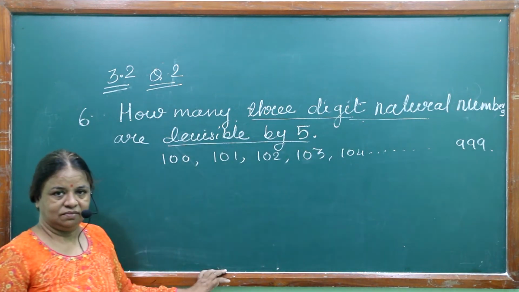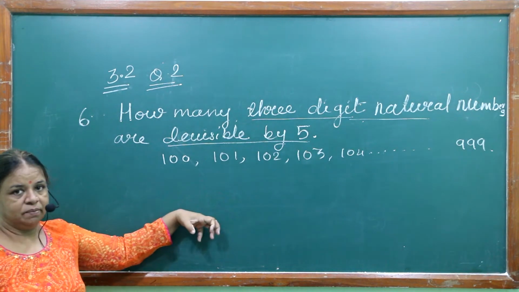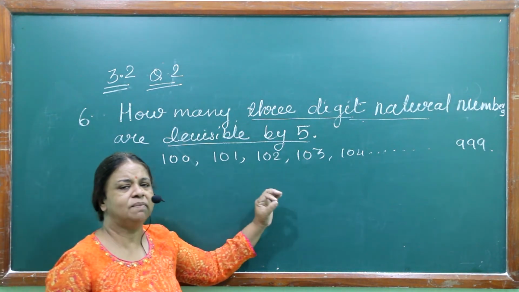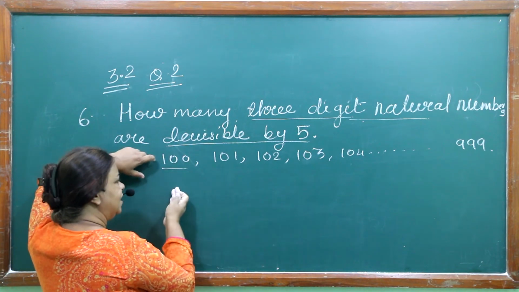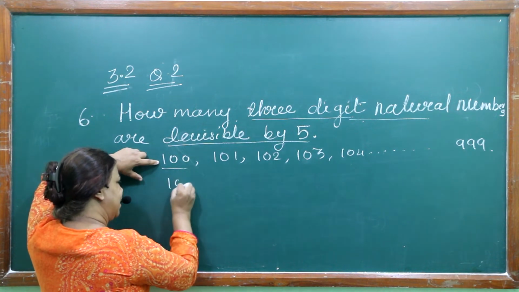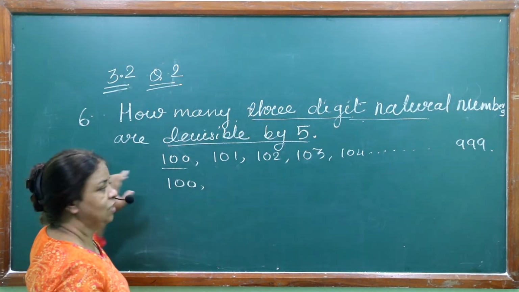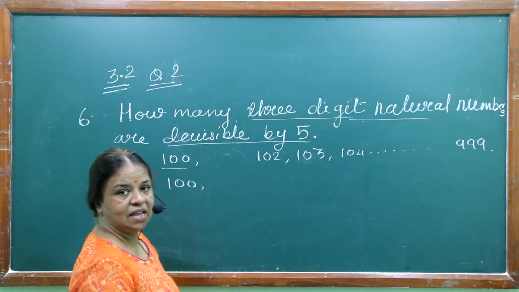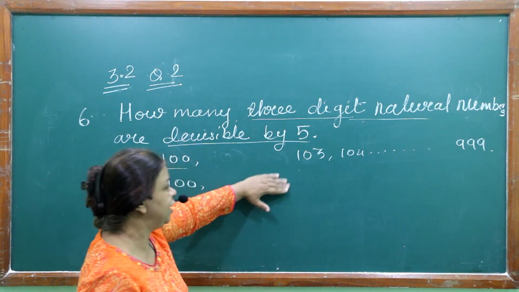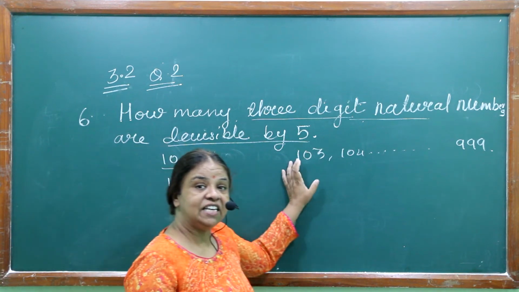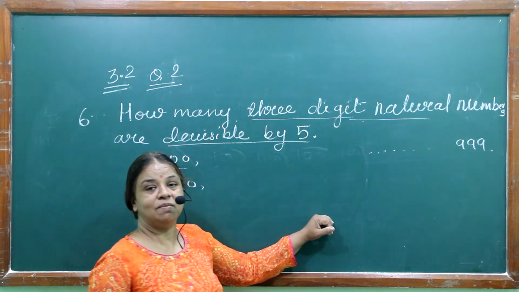Now here, starting from 100, we have to choose the numbers. Which numbers are divisible by 5? Now here 100 is divisible by 5 because 5 2s are 10 and then 0. I have taken 100. But 101 is not divisible by 5, so I will not take it. 102 again is not divisible by 5. 103 is also not divisible by 5. 104 is also not divisible by 5.